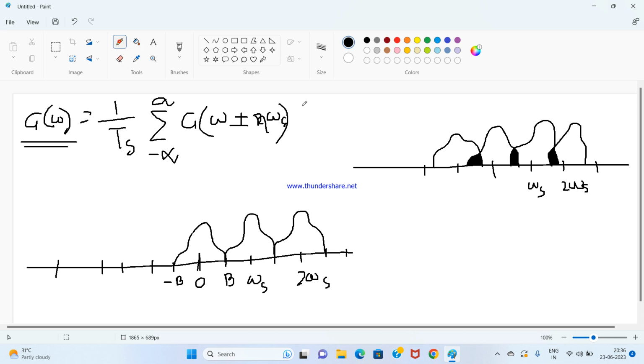So if this type of condition is arising, then you cannot reconstruct the signal.